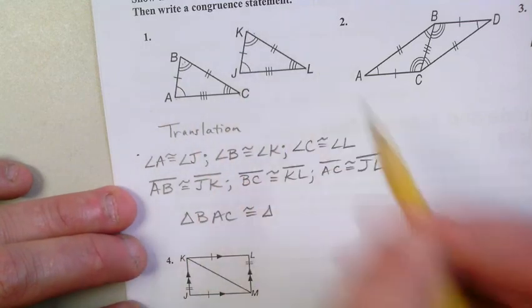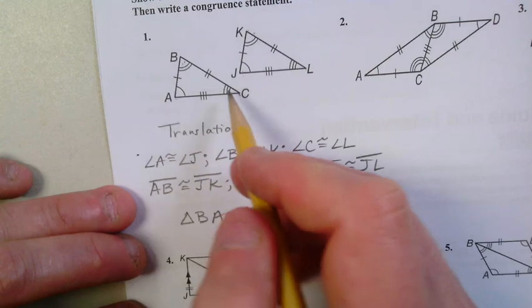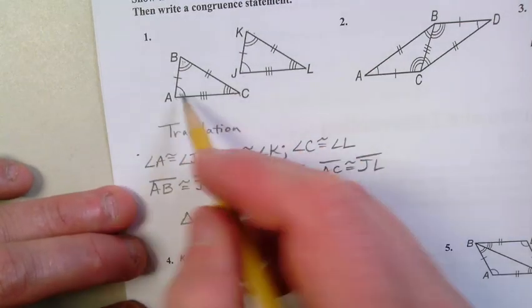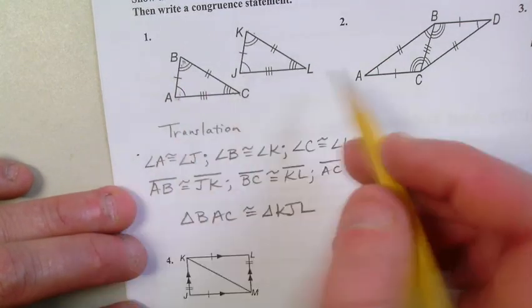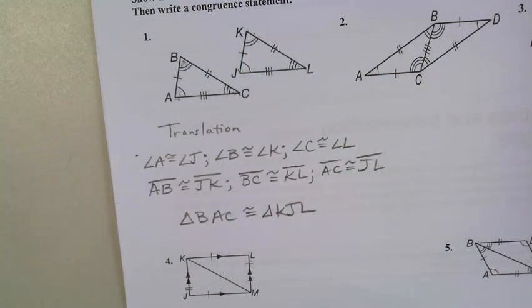Those angles have to be written in the same order. If I was to do triangle CAB, this would be triangle LJK, okay? So again, it's very, very important to know how to write your congruency statement. I hope that made sense to you, okay?